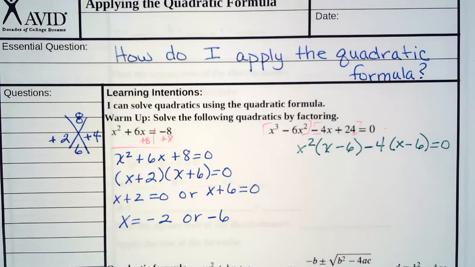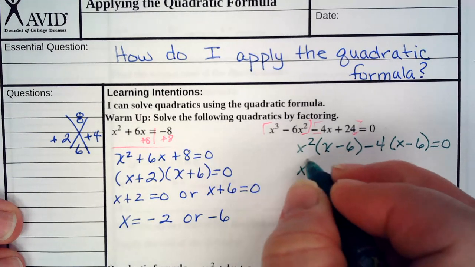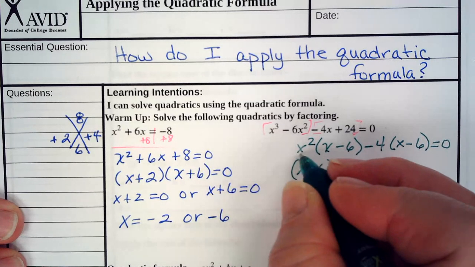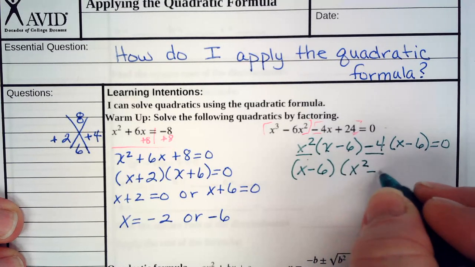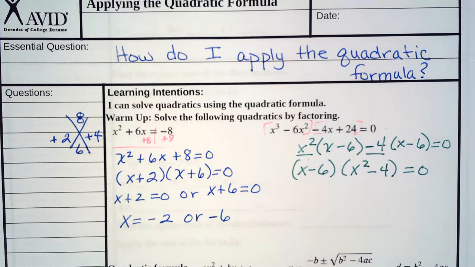Are my parentheses the same? Yes. So x minus 6 is one factor, and then you put the other two back together. X squared minus 4 is the other. Am I done factoring?